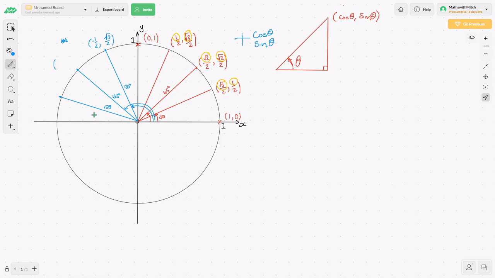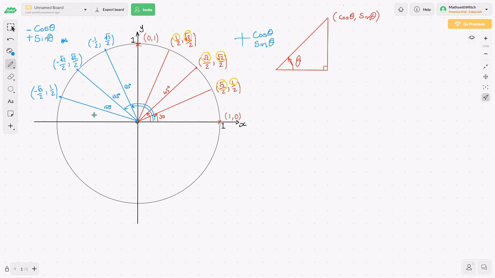Here we're negative in the horizontal direction, so negative root 2 over 2 and positive root 2 over 2. And here we are negative root 3 over 2 and positive a half. So therefore for this quadrant we can say we are negative in terms of cos theta and positive in terms of sine theta.